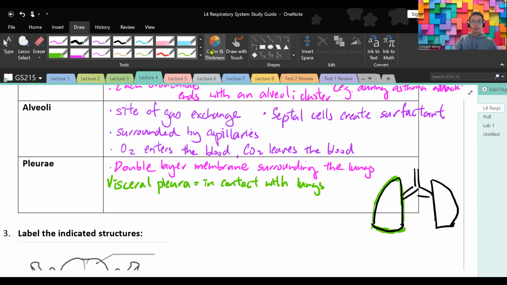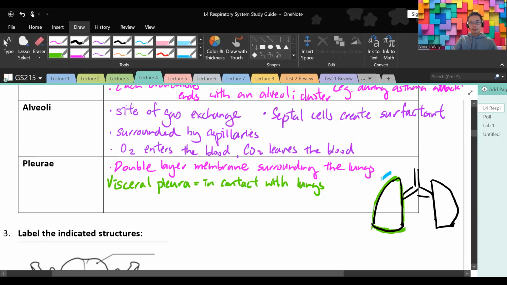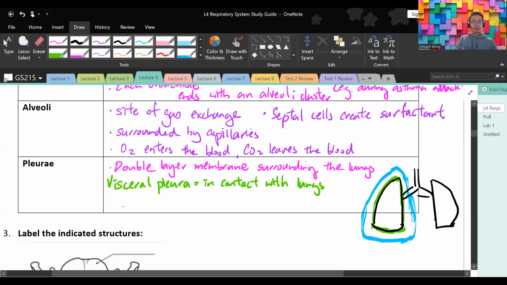Okay. And then there is another layer, right? That's outside of it. That's like this layer right here. This is not drawn to proportion, of course. Right? There's a second layer here. So what do we call the blue layer here? What is that called? Parietal pleura. Yes, thank you. So that's the parietal pleura. Right?